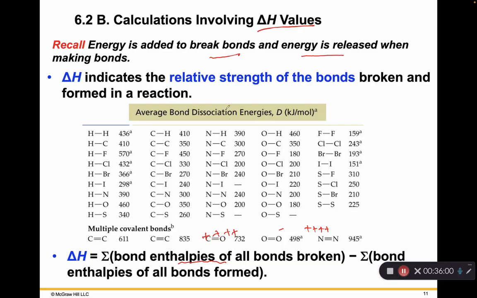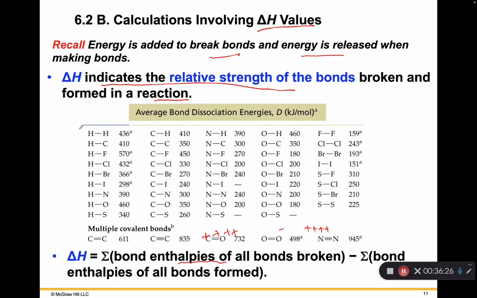This is something that you might do in your upcoming class. Today we just want to understand that there is a way of figuring that out. We can get the numbers from the data and plug them in to find the delta H, and that delta H indicates the relative strength of the bonds broken and formed in the chemical reaction.